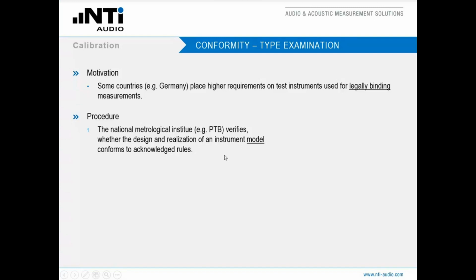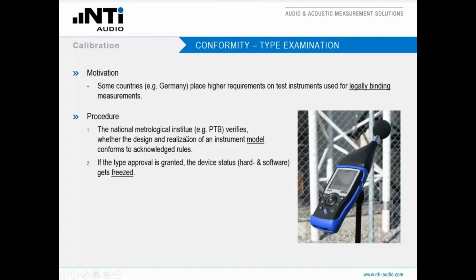So that means the PTB verifies the design of the test instrument itself, not of a single test instrument, but the fundamental design of that instrument is verified. And if that verification is granted, then the PTB insists that the production status, the firmware, the hardware, and the software are frozen.